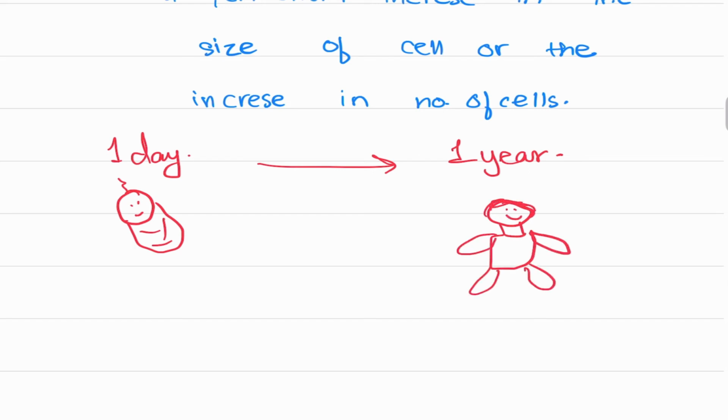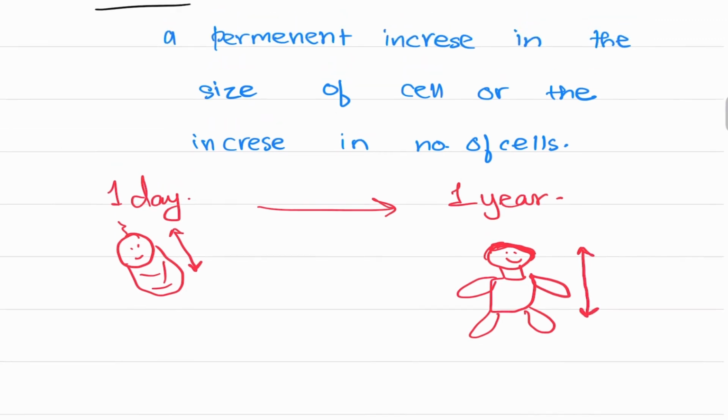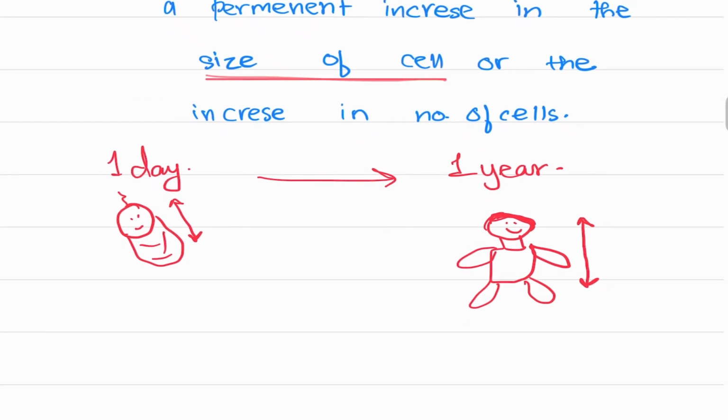His length and his weight will have increased. It's because the size of the cells has increased, or the number of cells has increased, or maybe both, that cells also increase in size and the number of cells increases. Okay, so this is what growth is.